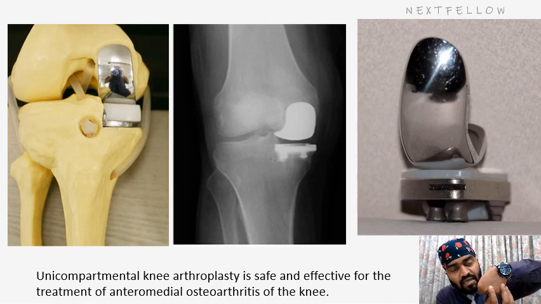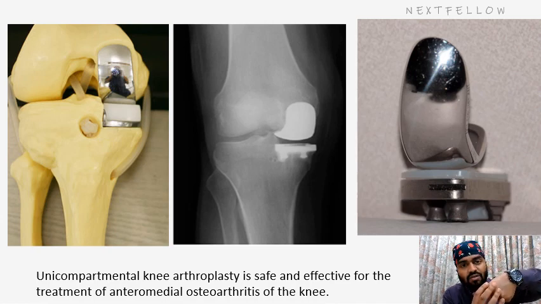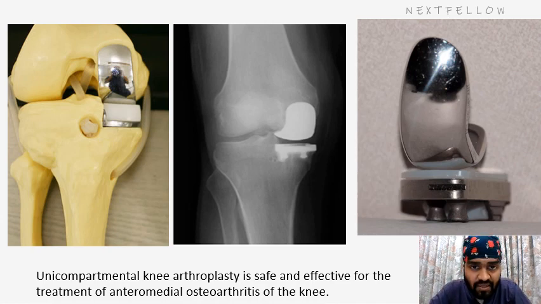This means the amount of friction, movement, as well as wear and tear will be more in the medial compartment of the femur as well as the medial compartment of the tibia. So, as we all know, there are three different types of arthritis. That is the medial femoral compartment arthritis, the lateral femoral compartment arthritis, as well as the patellofemoral arthritis.